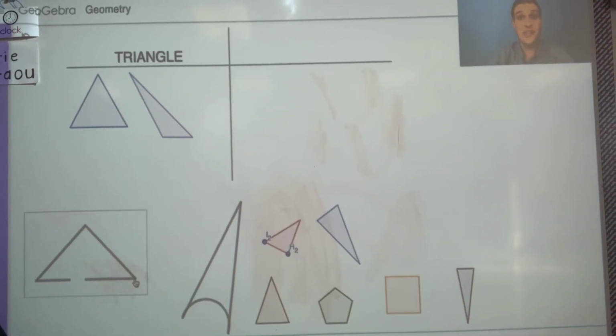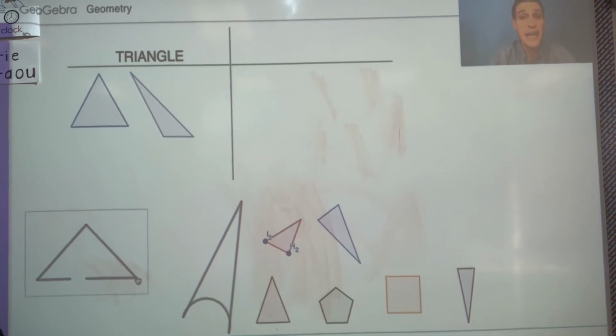Oh, my friend over here said, be careful, Mr. Hammer. This shape has 3 corners and straight sides, but this shape is open. Look, it's open. So, if this was the shape of a fence and I put my pet dog in there, could the dog get out?